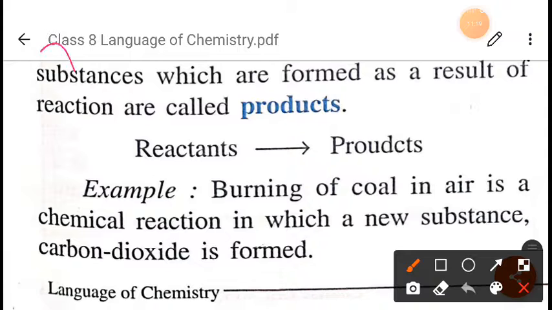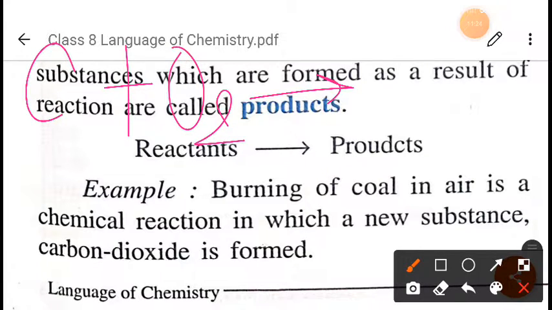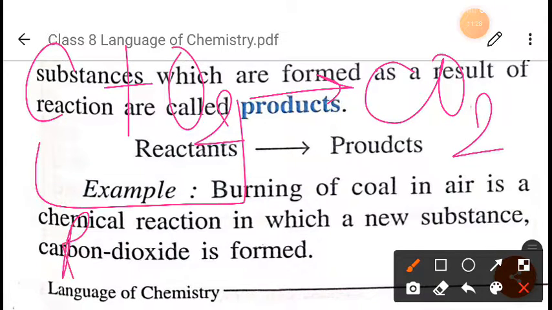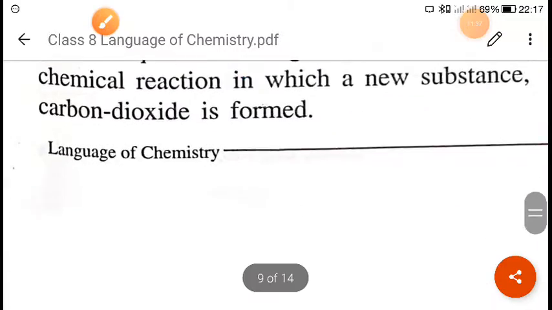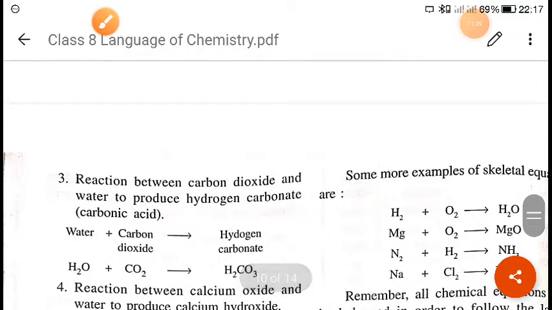Suppose we take carbon reacting with oxygen to form carbon dioxide, CO2. Carbon and oxygen are the reactants here, and CO2 is the product. I hope you have understood what reactant and product are.